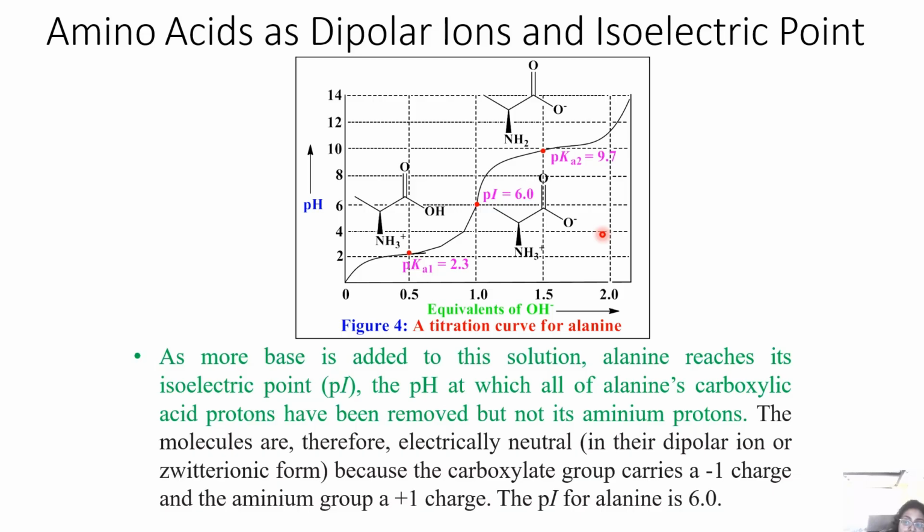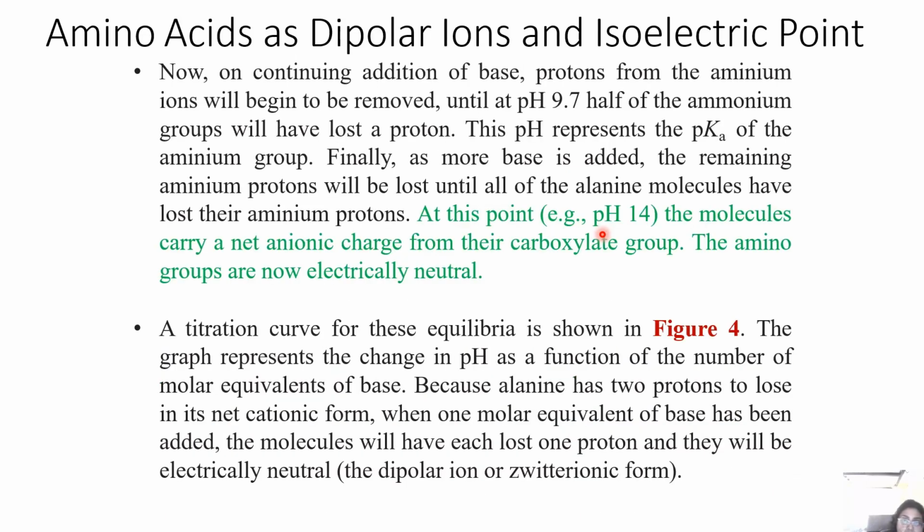So the pI for alanine will be 6. On continuing the addition of base, protons from the aminium ions will begin to be removed until at pH 9.7 half of the ammonium groups will have lost a proton. This pH represents the pKa of the aminium group.